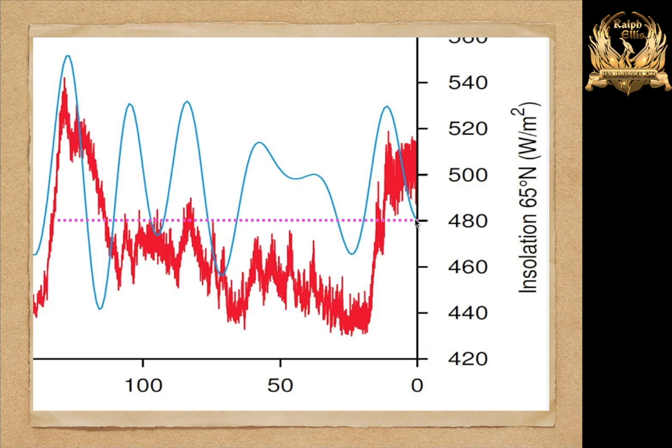And as you can see, for most of the last 100,000 years, the sun strength during the Ice Age has actually been stronger than it is now. So the red line here is temperature, and you can see temperatures were going down and down and down all the way to about 17,000 years ago. So it was getting colder in the north, but the sun strength was actually warmer than it is now.